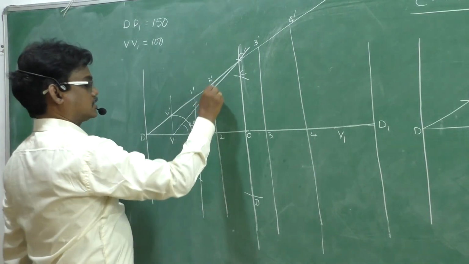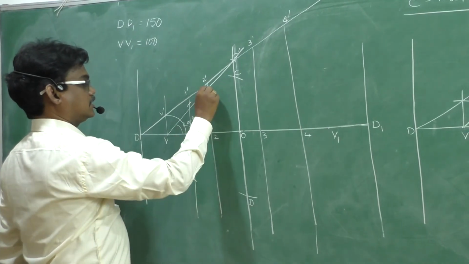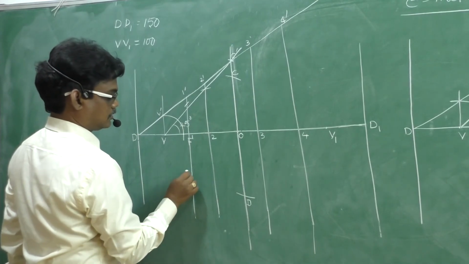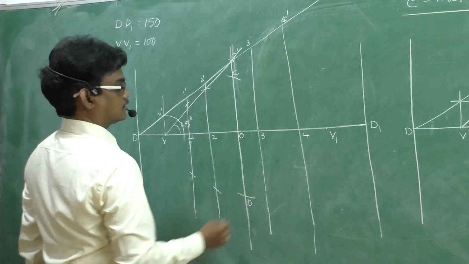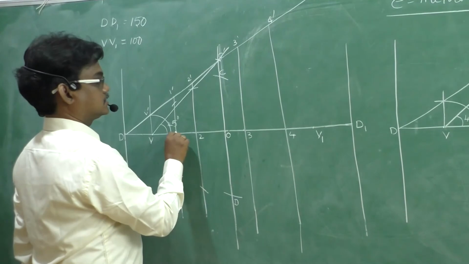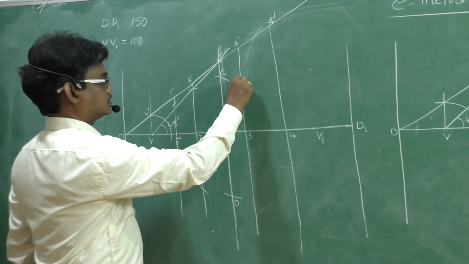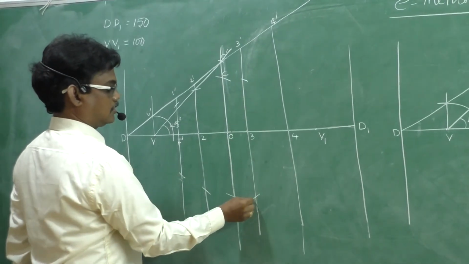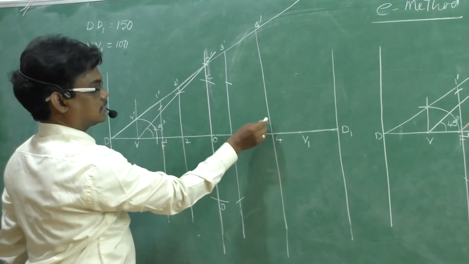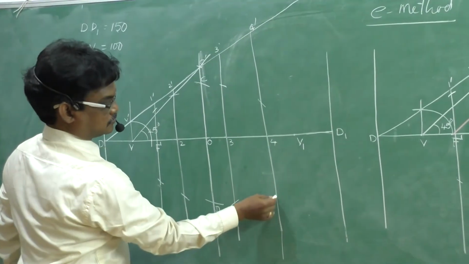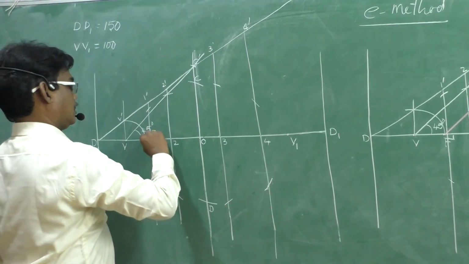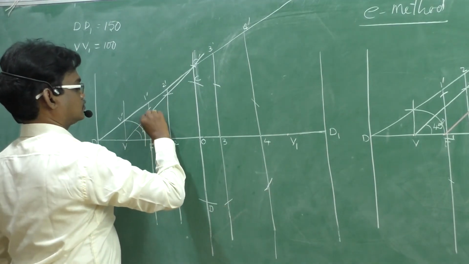Next 2 dash as radius, F as center, draw arcs. Next 3 dash as radius, F as center, draw arcs. Next 4 dash as radius, F as center, draw arcs. Right. Now draw a smooth curve through all these points.